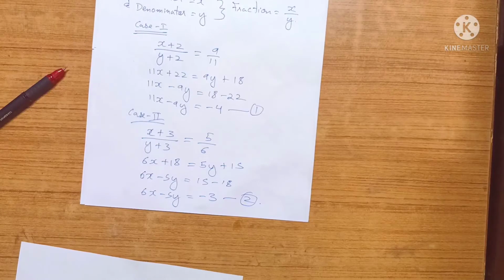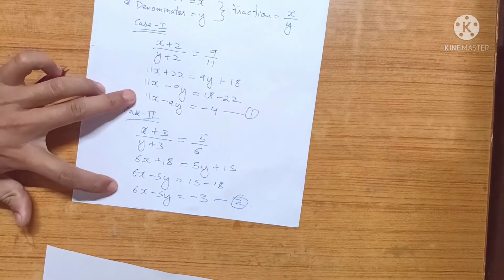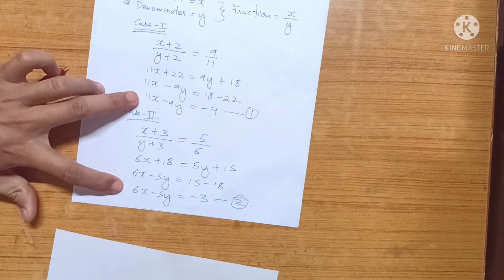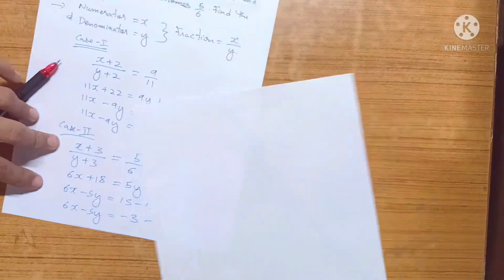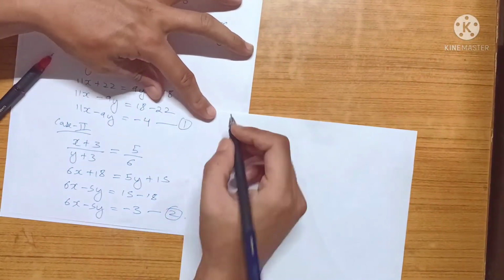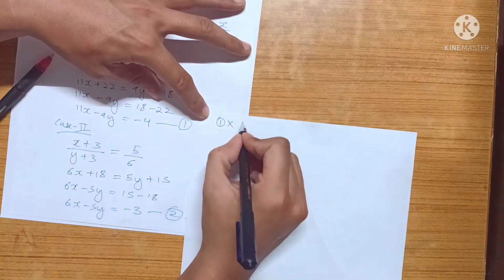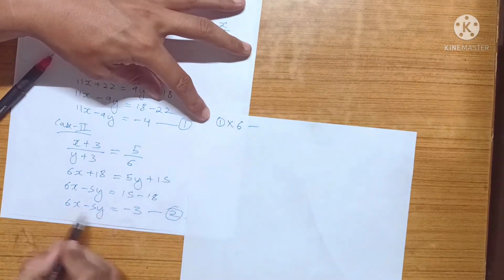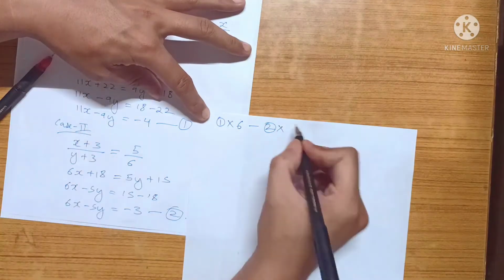Okay, so for equations 1 and 2, the LCM of the x coefficients would be 66. So I need to make this into 66 and I have to make this into 66. So let's do equation 1 into 6 minus equation 2 into 11.